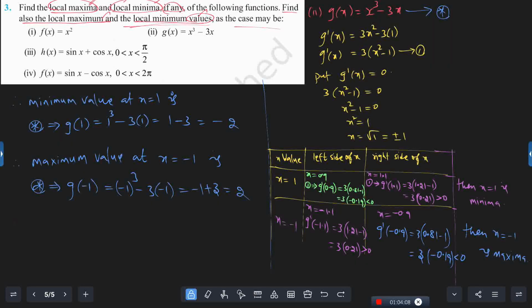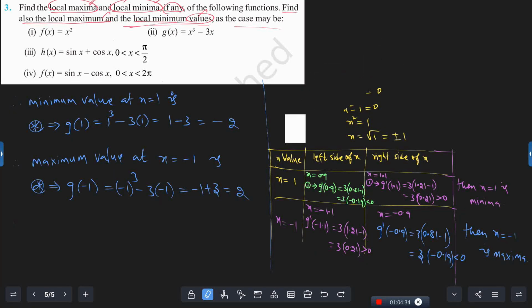Have we done this page? Can I rub the second, the yellow color side? Is anyone writing the second page? No, right?